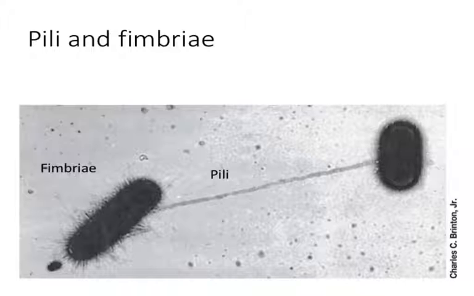All right, let's talk morphology, shape. What are the major types of bacterial shape? Spheres, rods, spirals. And of these three, which is your favorite macaroni?